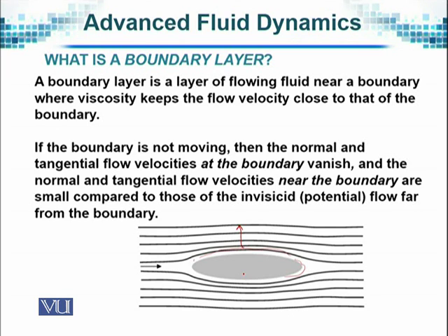And therefore, due to the effect of the viscosity, the boundary condition, the no-slip condition on the boundary of the solid, the fluid velocities will be zero there. And that is why you see this effect on the streamlines.